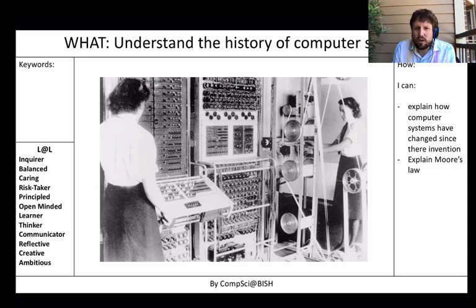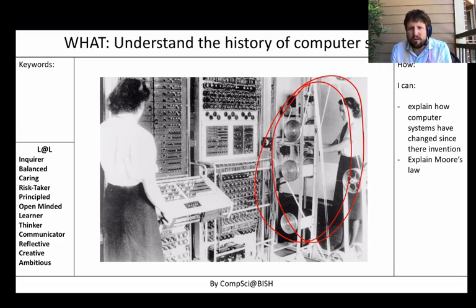It used a paper tape, which you can see over here, which was used to input data into the system and also to get data out of the system. This was the first computer, and it was used to crack those Enigma codes. It was being used in World War II to crack the German codes.